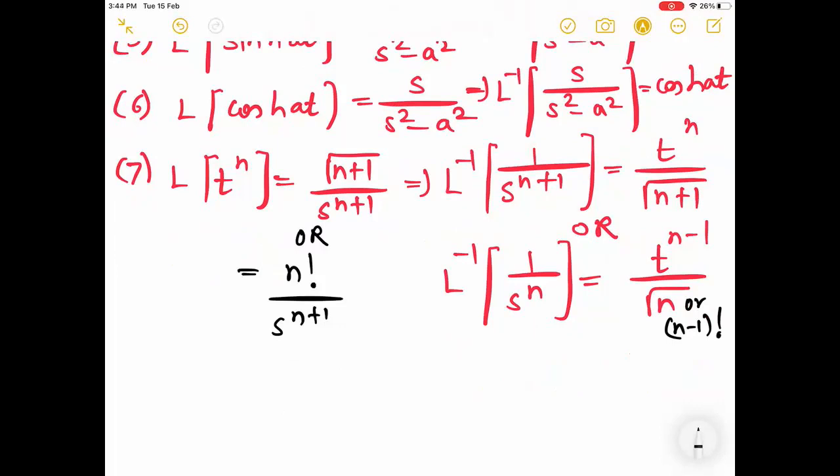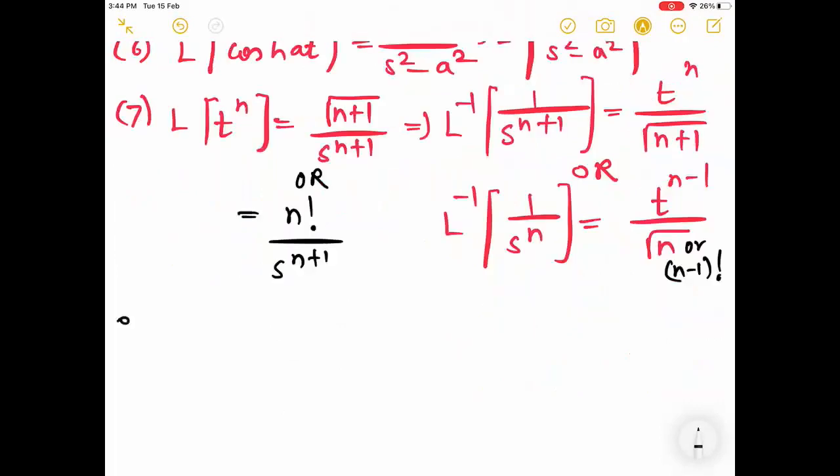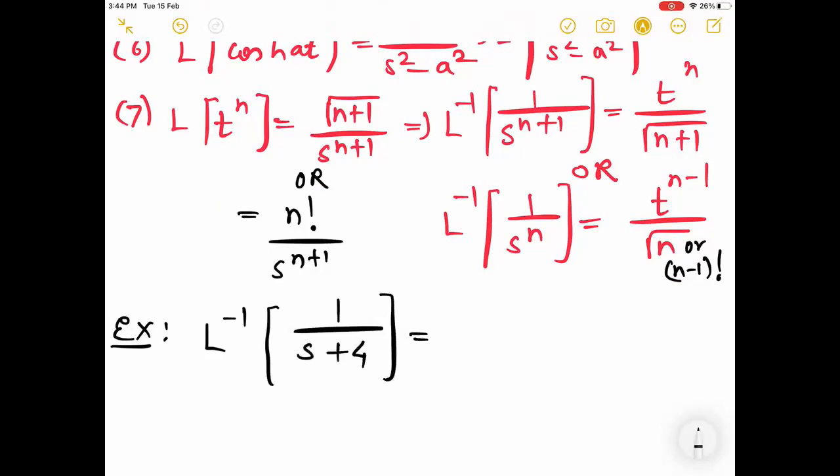For example, now just see. The formulae are there with you and I hope you are writing them in the notebook. So please refer to that and tell me. For example, if I want to calculate the answer for Laplace inverse of 1 upon s plus 4, can you tell me by looking into your list of formulae? e raised to minus 4t.